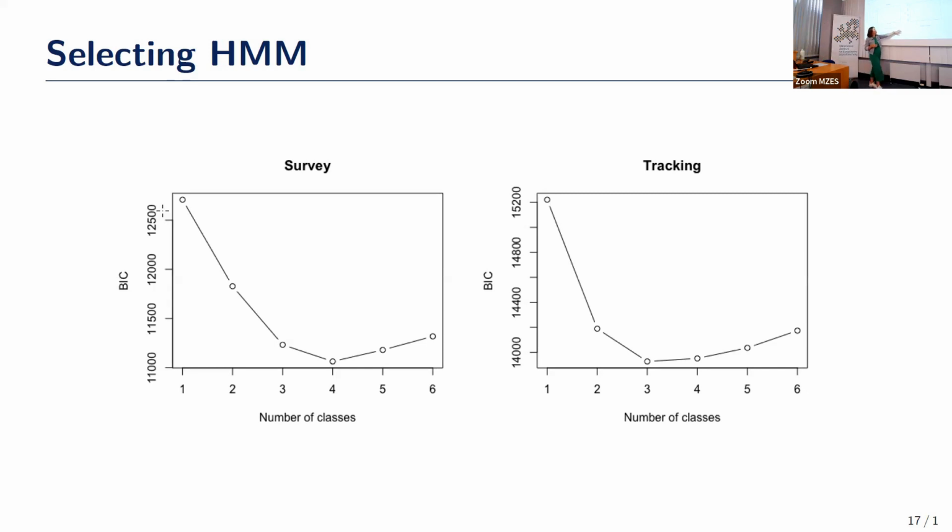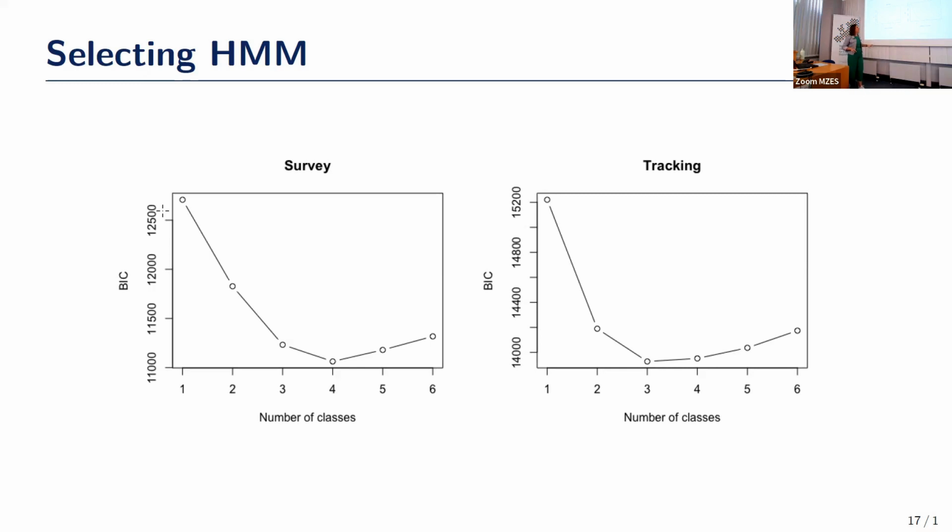So here for the survey, it's quite clear that we have 4 classes. But here is a bit more vague situation that I just described, where 3 classes is the best solution, but 4 classes is also a very similarly well-fitting solution. So in reality, if I do this type of research, I would look at the output of both a 3-class specification and a 4-class specification, and see what I gained from actually using these 4 classes.